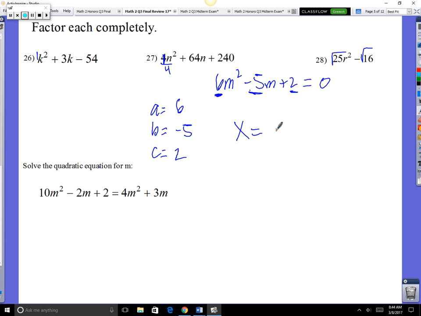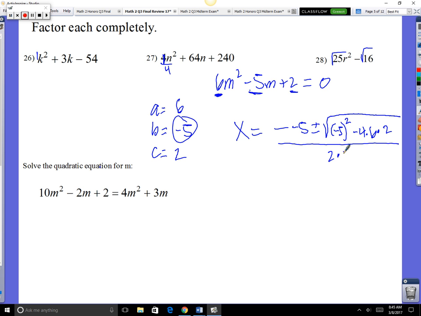X equals negative b, so it's negative whatever b is, a negative, plus or minus the square root of b squared. You have to square the negative or else it's going to mess you up. Minus 4 times a times c, all divided by 2a.